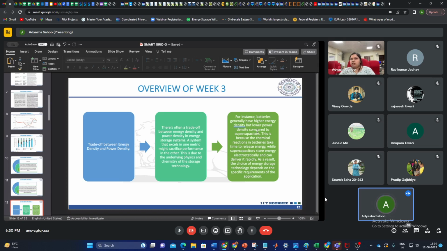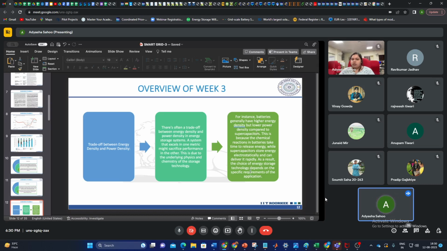When we say it can ramp up very fast, it means some chemical reaction has to be reversed or forwarded to charge or discharge a battery. That chemical reaction in lithium ion will take a large time. But supercapacitors are not electrochemical, they are electrostatic devices. As a result, they can deliver the power rapidly.